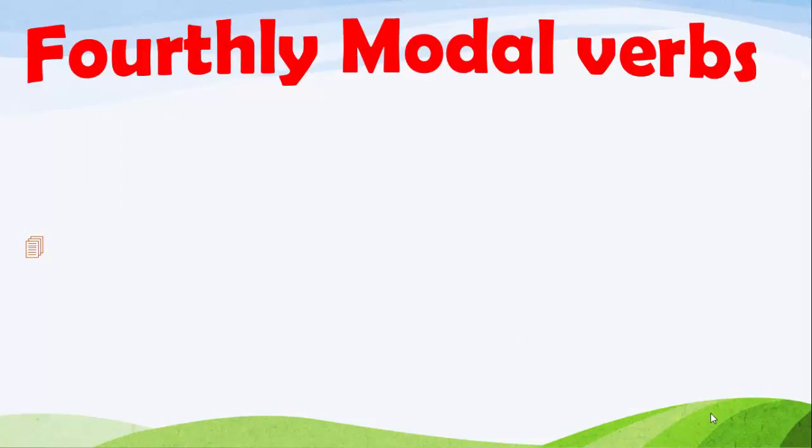Let's firstly talk about the form of the modal verb. How can I use the modal verb in English sentences, such as using can, or must, or shall, or should, or all these modal verbs?